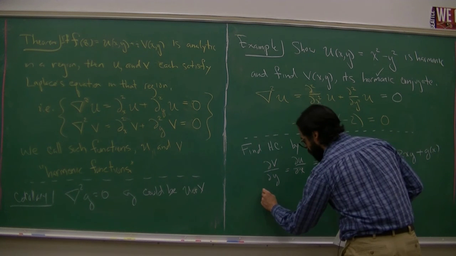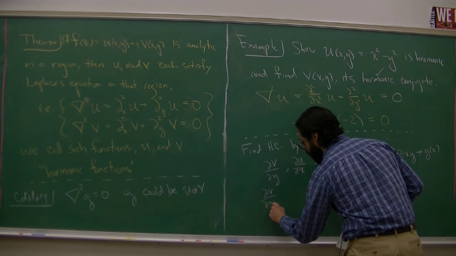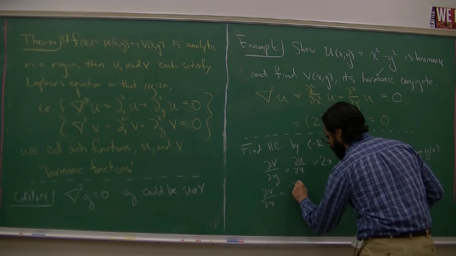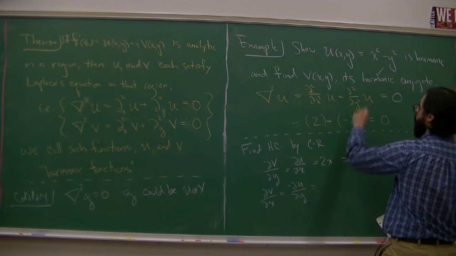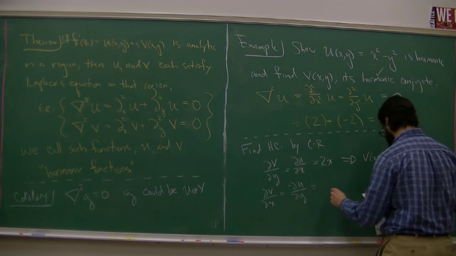Okay. The other Cauchy-Riemann condition, dv dx, is equal to minus du dy, partials. And minus du dy is equal to plus 2y.